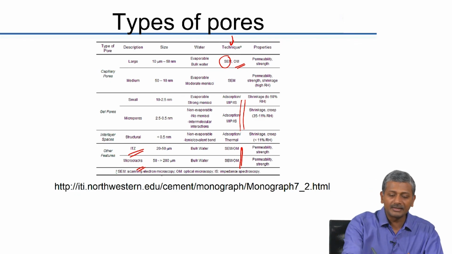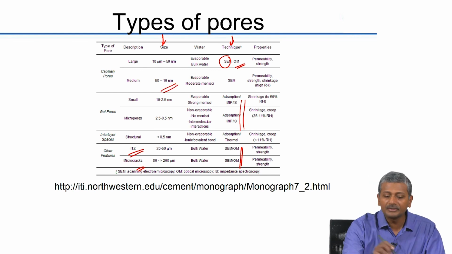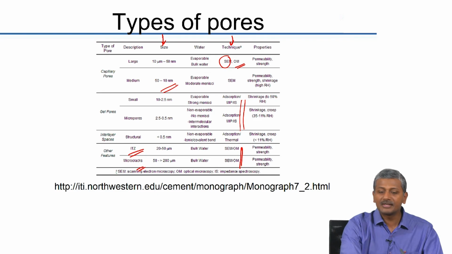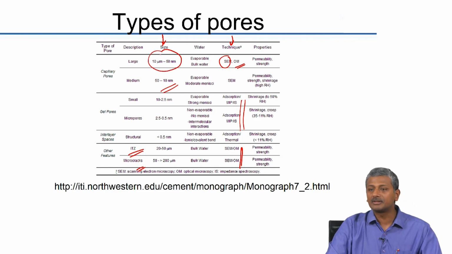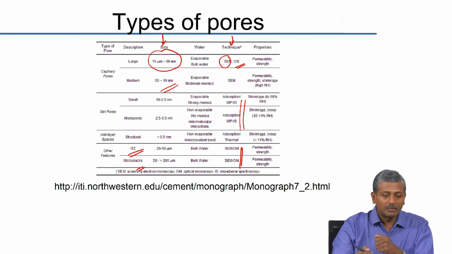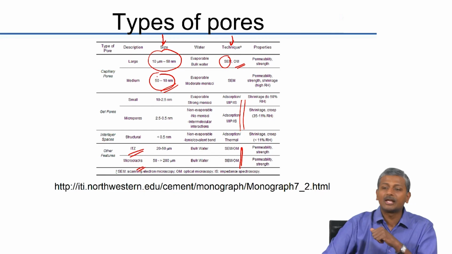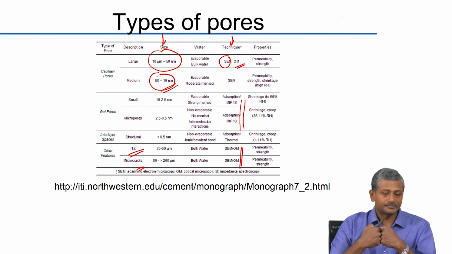So, again this is indicating the sizes. Capillary pores, as I said, are more than 10 nanometers, but again what we say is we have larger capillary pores between 10 microns and 50 nanometers, from which if you dry water it is not going to lead to large shrinkage, but from the smaller capillary pores, 50 to 10 nanometers, when you remove water there is going to be a very large amount of shrinkage.